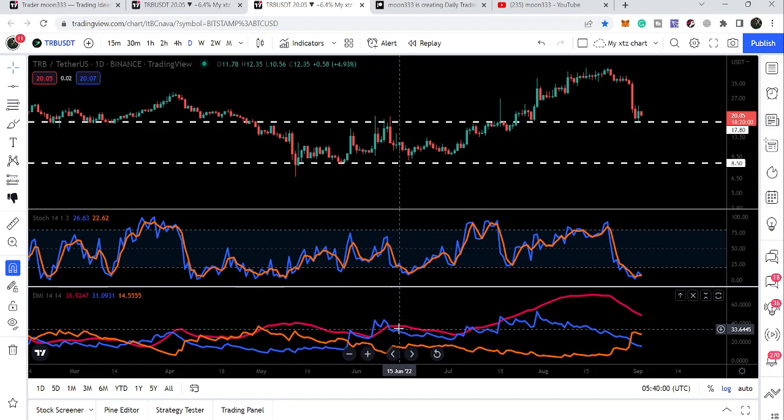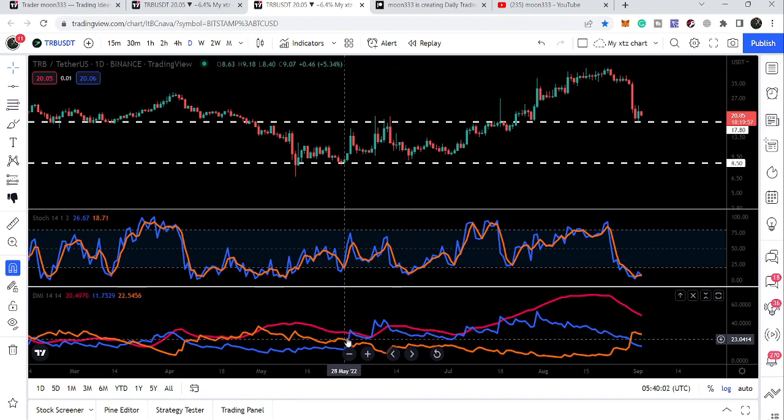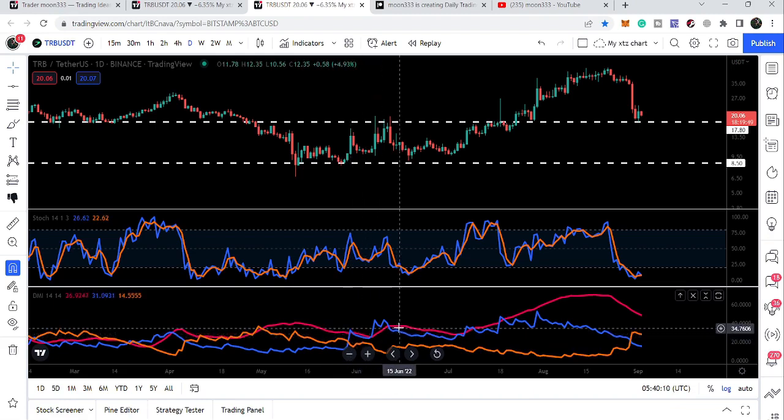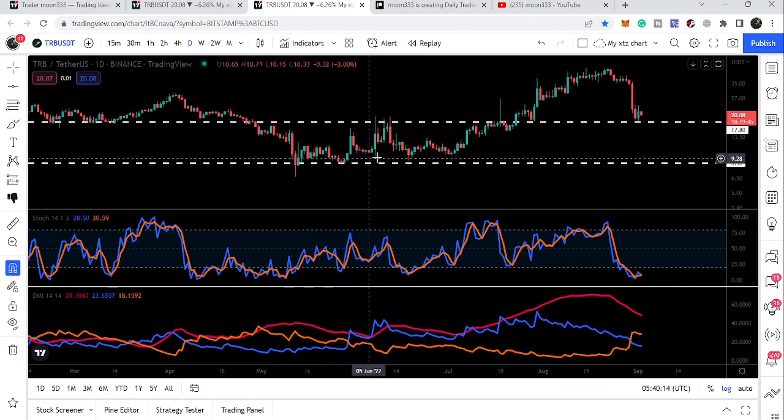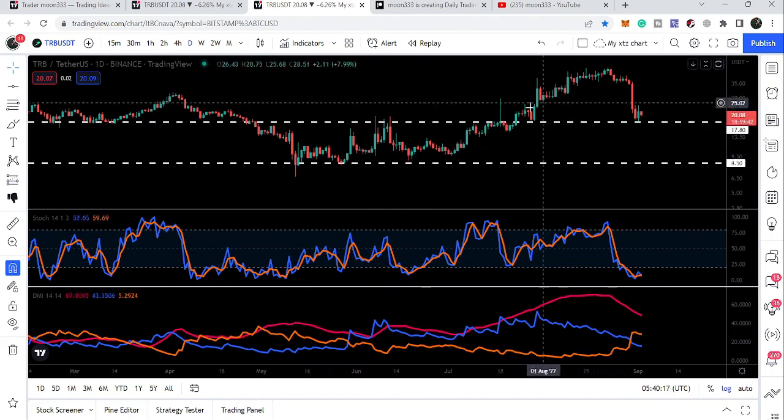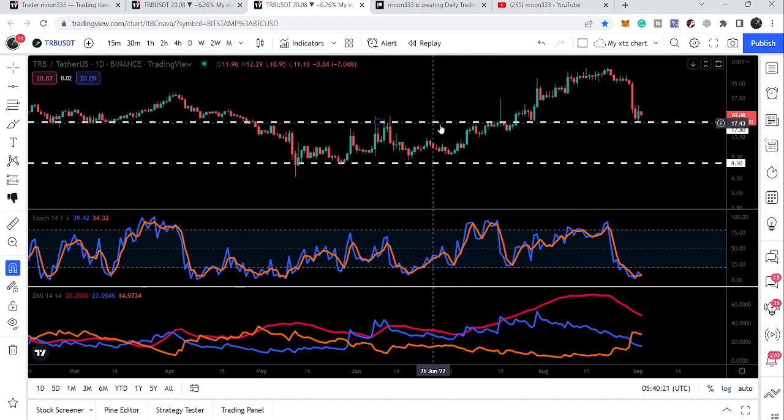ADX basically shows the power of bears or bulls. At that time the blue line was above the orange line, showing that bulls were taking over, and when ADX started moving up, that showed bulls gaining power. And you can see that we had a very nice long-term move, more than a 500 to 600% rally.